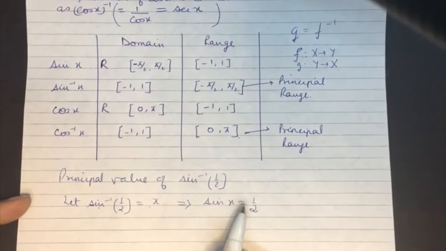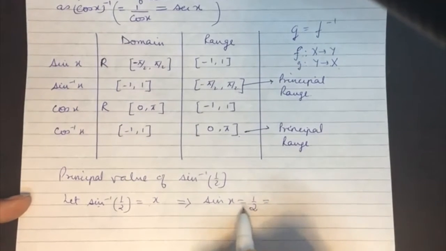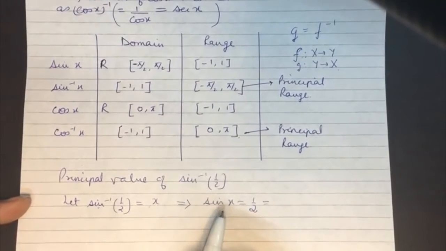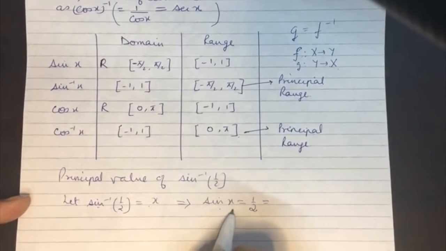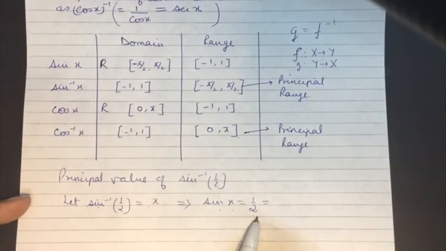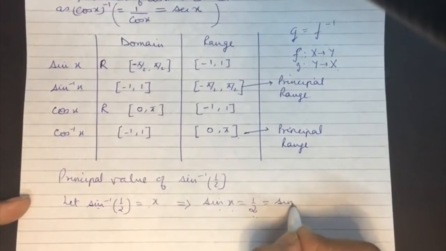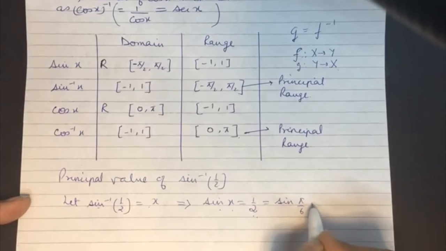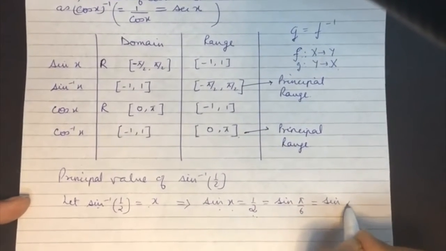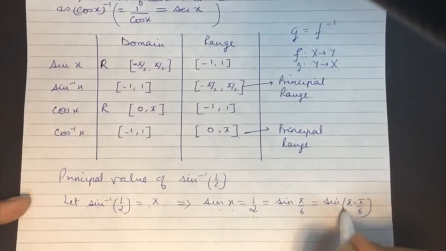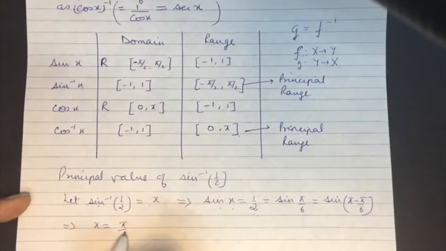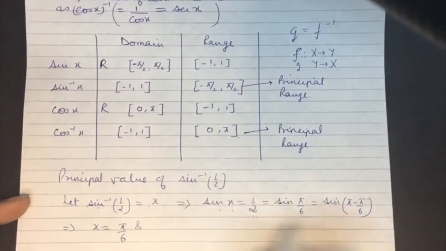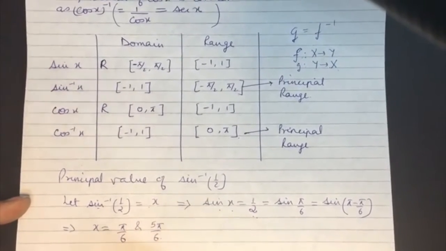Now, exactly as we did in class 11, we ask what value of x gives sine x equal to half. Sine x is positive in the first and the second quadrants, and so you will get two values. One is pi by 6 and the other one is pi minus pi by 6. This gives us x equal to pi by 6 and 5 pi by 6.